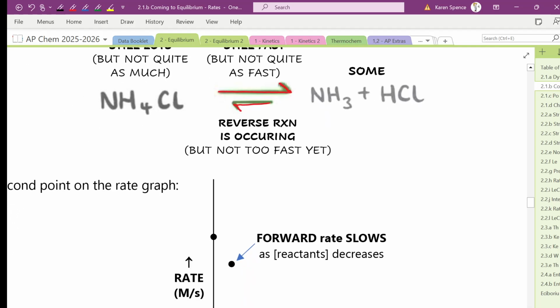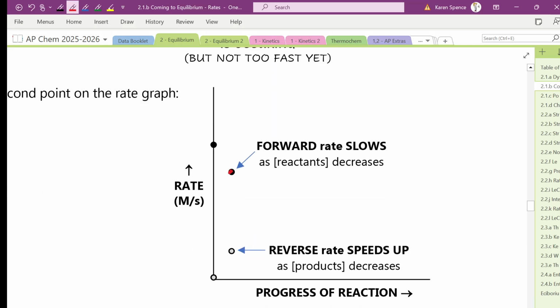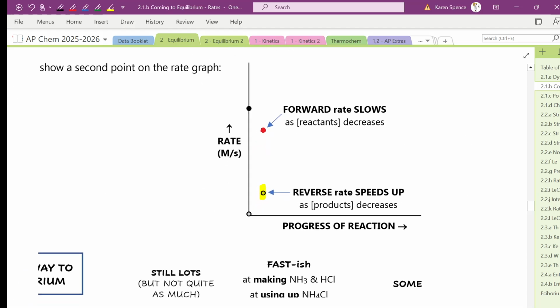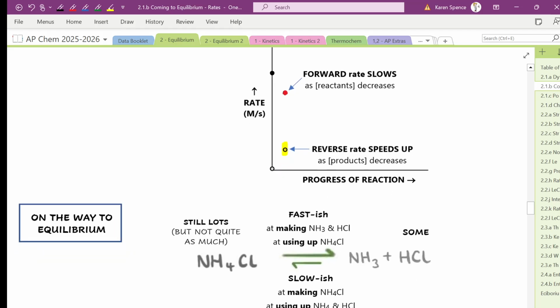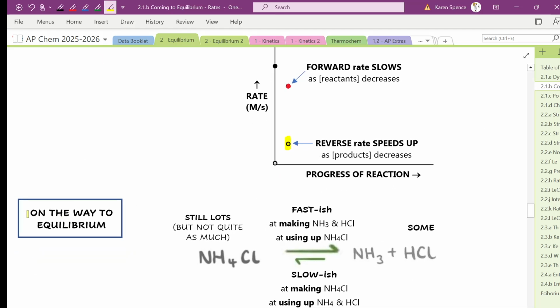On our graph, what that's going to look like is that the forward rate is still fast, but not as fast as it once was. And our reverse rate has sped up from 0. Now it is something. So now we are on our way to equilibrium.